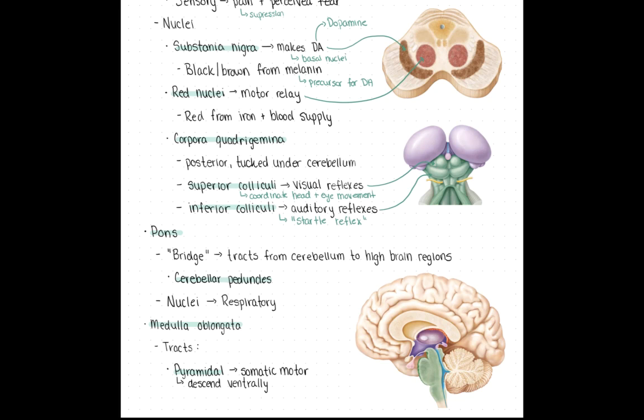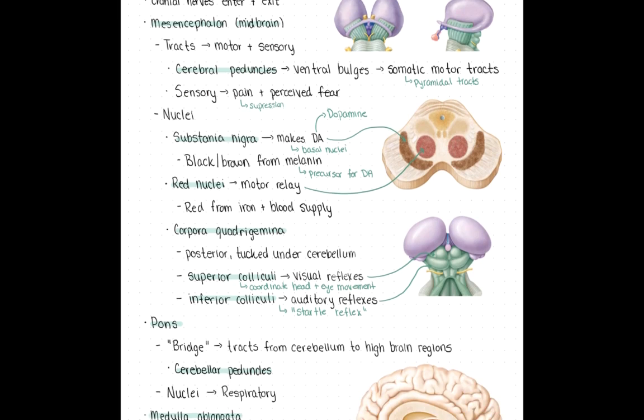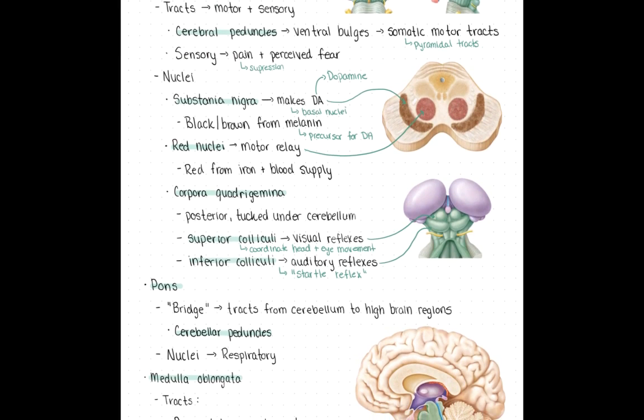So that reflex is managed by the inferior colliculus. All right, so that is our midbrain. We have our tracts, primarily motor, with some sensory as well. And then we have our nuclei: the substantia nigra, the red nucleus, and the corpora quadrigemina.